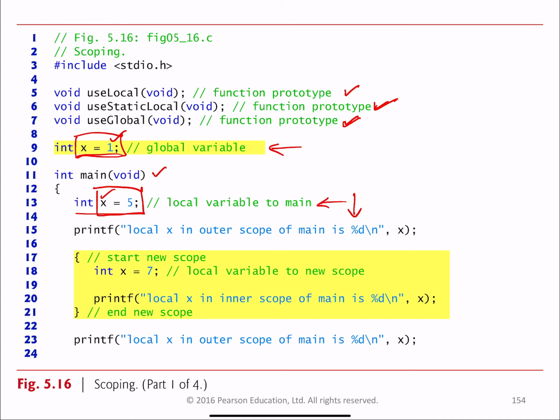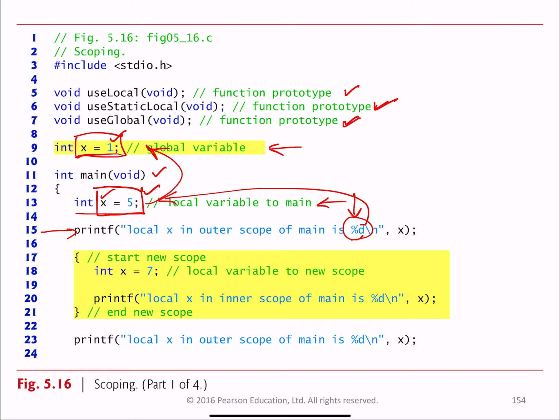That's because the local scope of this local integer x overrides the global variable. And that's what we do in the very next statement on line 15. We have a printf statement that says local x in outer scope of main is, and then it prints out the value of x. Which x? This x, because this is the local variable x.